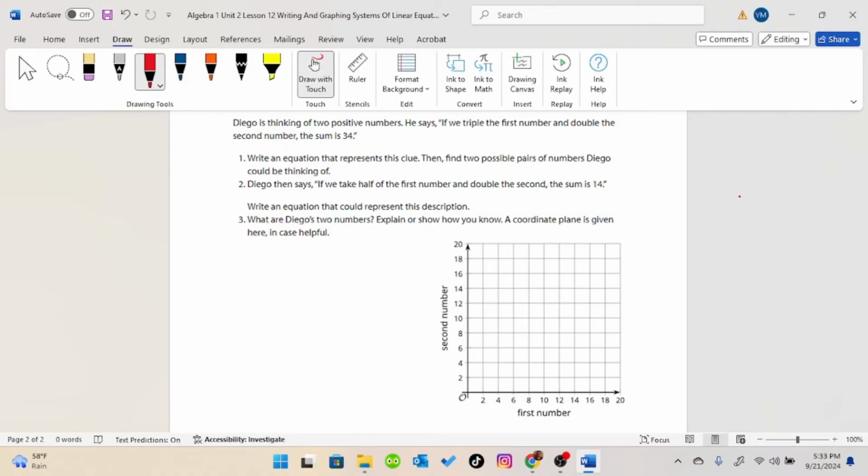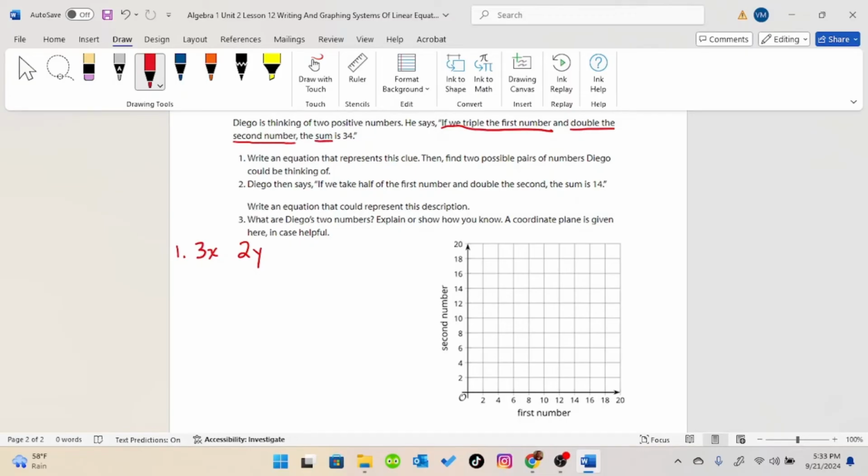So, if we triple the first number, that would be 3x, and double the second number, that would be 2y.